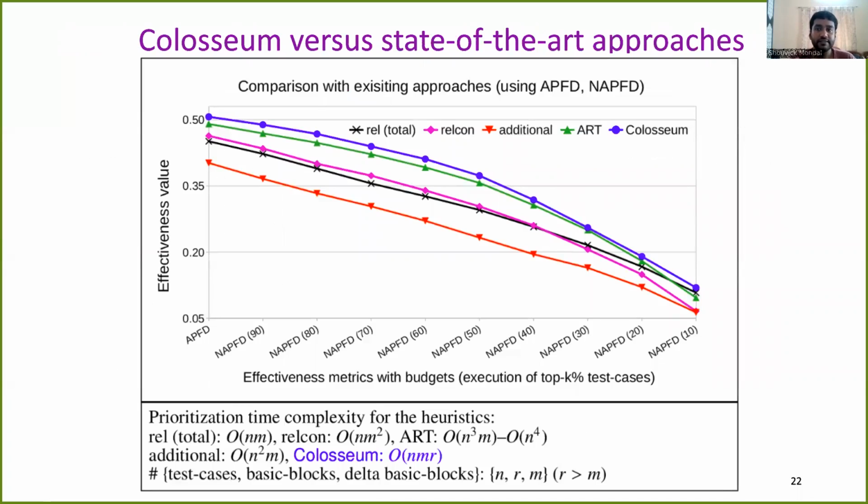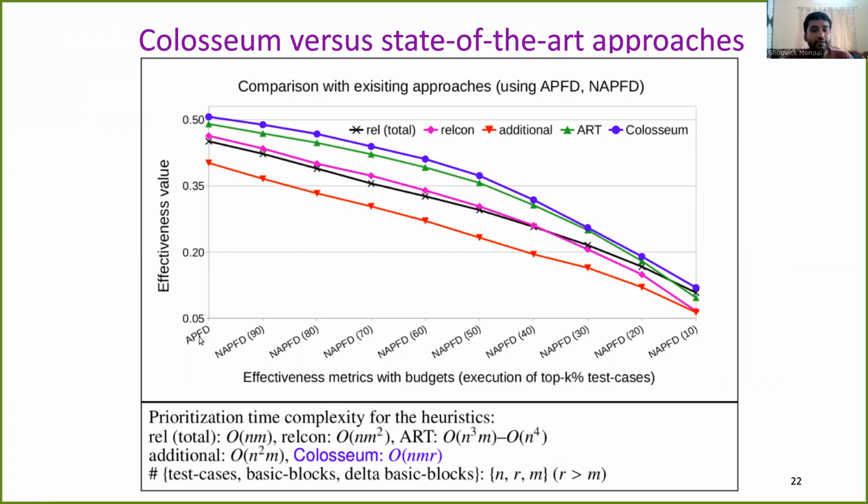So, Colosseum versus state-of-the-art approaches. On the y-axis, we have the effectiveness value. That is, it lies between 0 and 1. The metric that we have chosen is APFD, average percentage of faults detected, which is a very popular metric. The closer the value is to 1, the more effective the prioritization, with a higher fault detection rate.